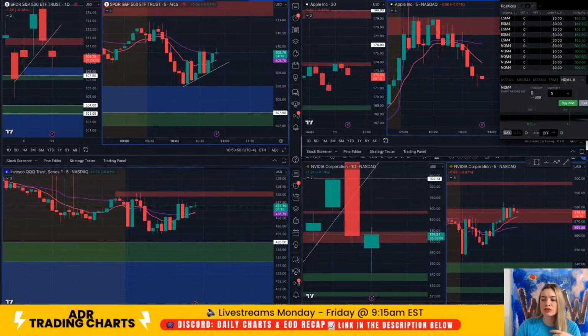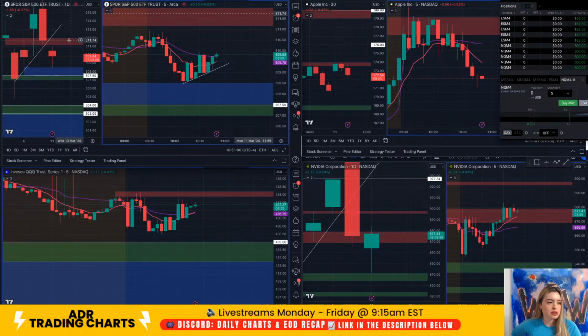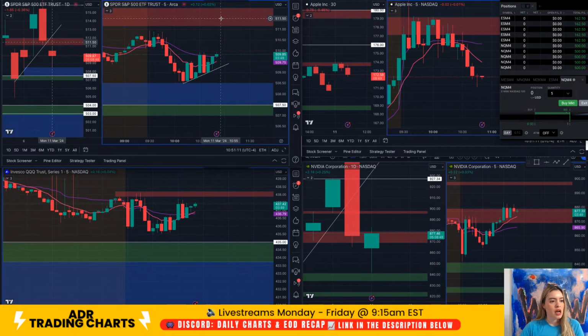And what are we gonna do with SPY and the Q in the middle of nowhere? The main resistance here is Friday's low on SPY, which is between 512 and 511. So there's nothing to trade if it's not near resistance.